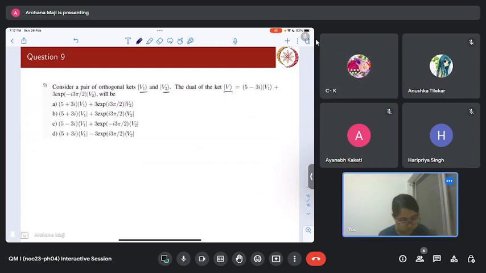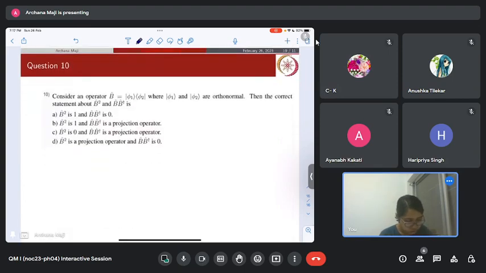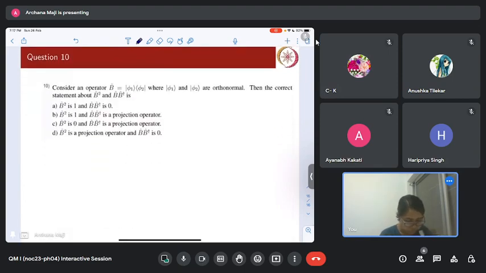Yeah. Okay, now consider an operator phi 1 ket phi 2 bra, where phi 1 and phi 2 both are orthonormal. Then what is the correct statement about B cap square and B dagger? Which one? C.